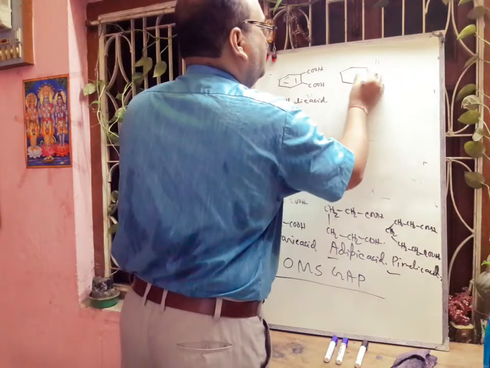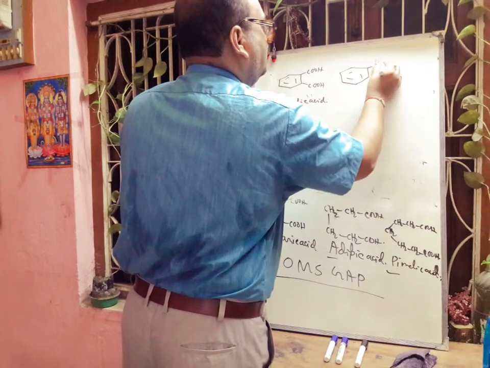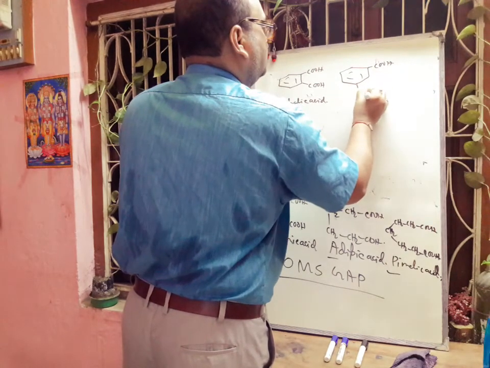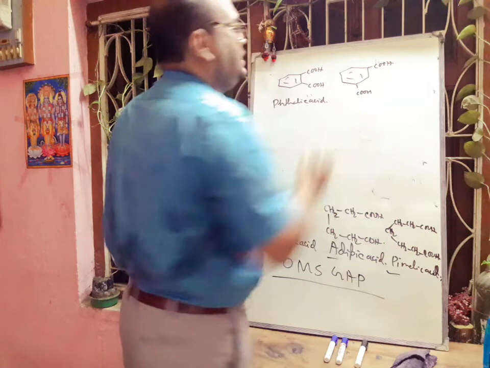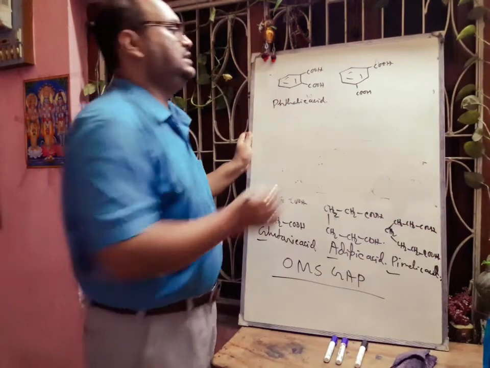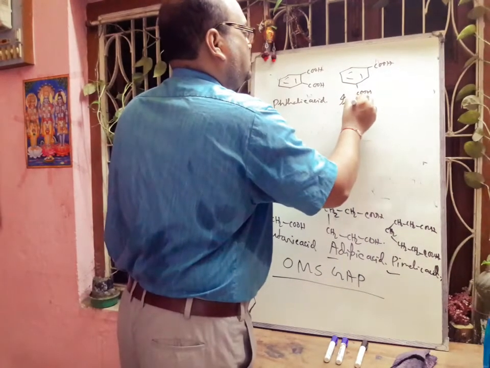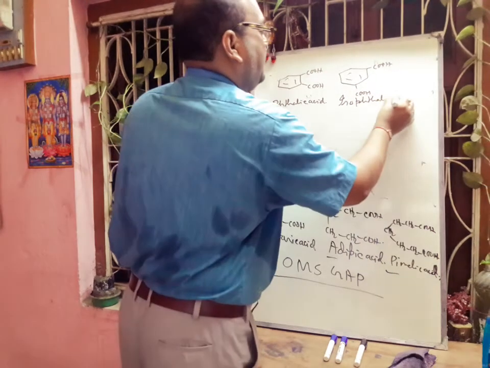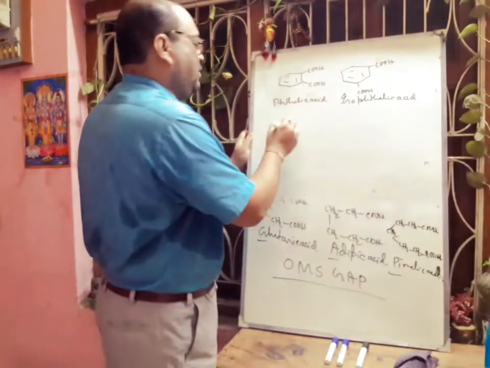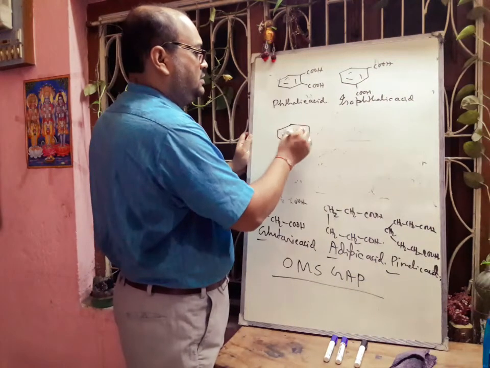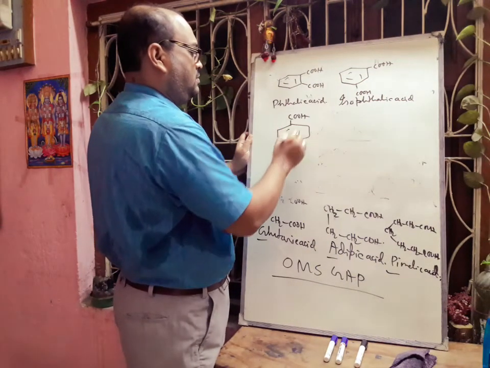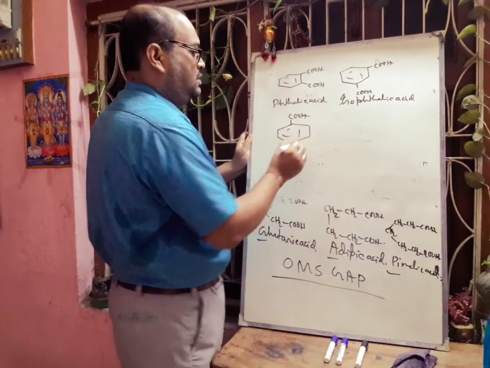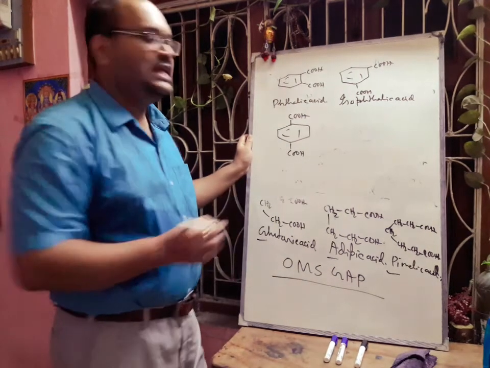If we take 1,3, that means it's an isomer, then it is called isophthalic acid. If we take 1,4-dicarboxylic acid, this one is called terephthalic acid.